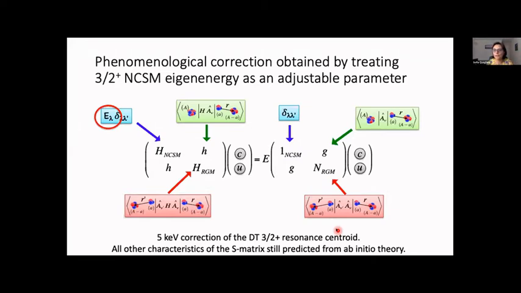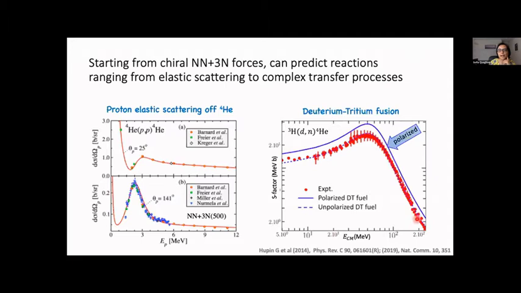All other characteristics of the scattering matrix, widths, etc., were still predicted from the ab initio method. And so this is how we obtained the very nice agreement with experimental data. And after that, we could use our method to predict the polarized neutron-tritium fusion, for which there are actually no experimental data. And so this is really a prediction.